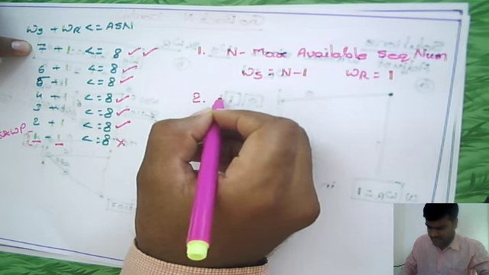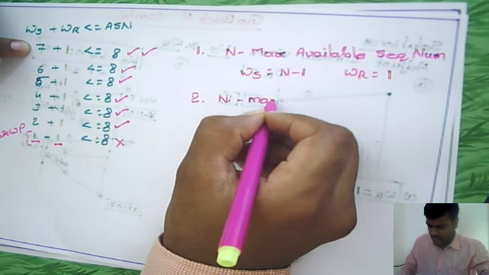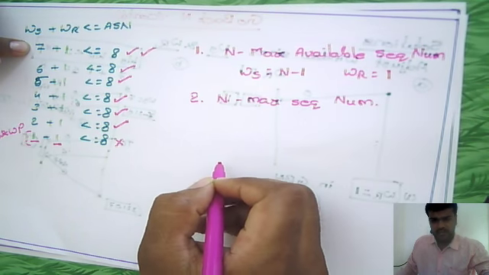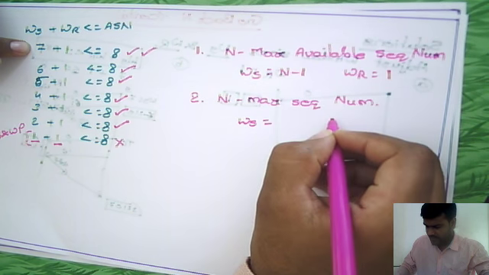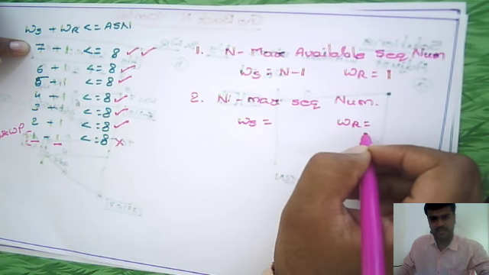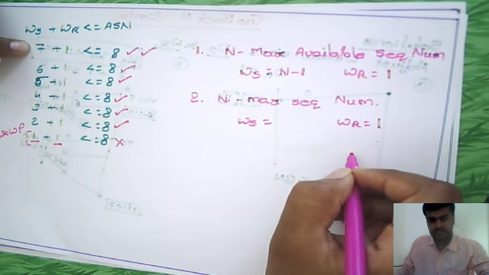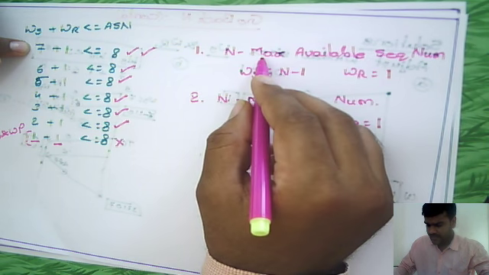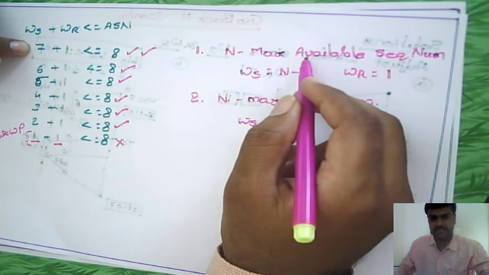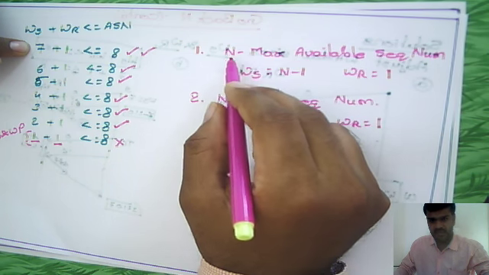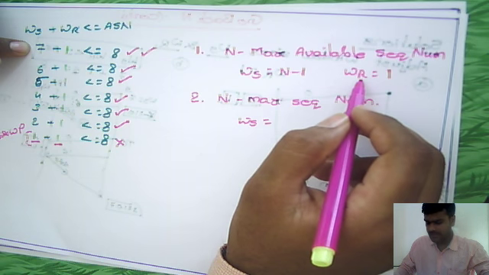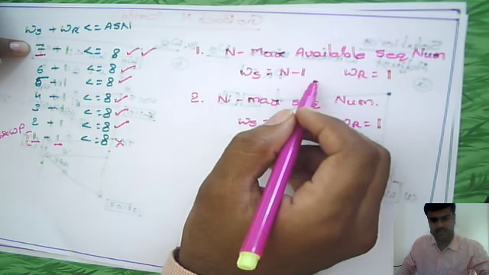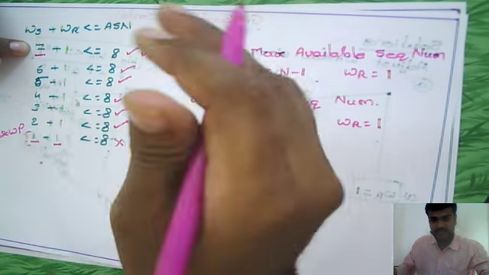Then in the second case, if the same N is the maximum sequence number, what is the window size of sender and receiver? In all cases the window size of receiver is 1. This is a bit tricky between these two. In the first case, total sequence numbers are N. If 1 is given to the receiver, the remaining are for the sender, so N minus 1. But here N itself is the maximum sequence number.